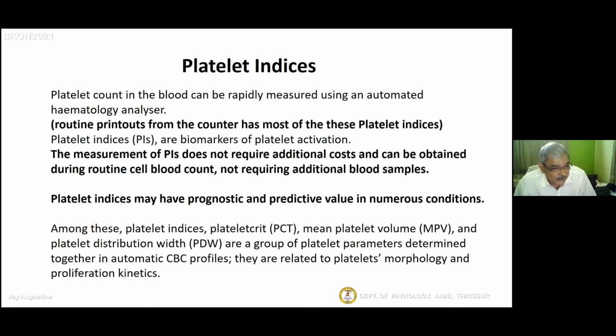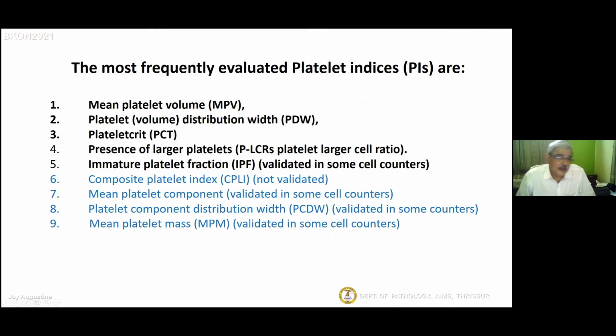The platelet indices may have prognostic and predictive value in numerous conditions. Of these, the most important are the plateletcrit, the mean platelet volume, the platelet distribution width, etc. And we'll just see what are these platelet indices that are important. Now, the first 5 are the ones which are basically validated.